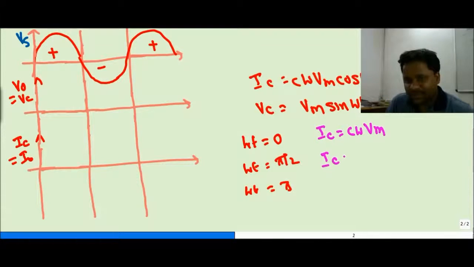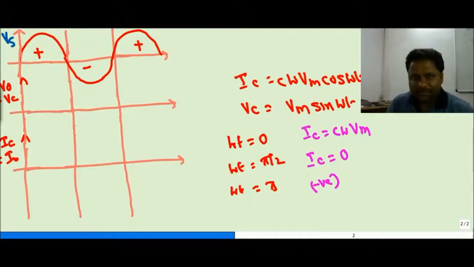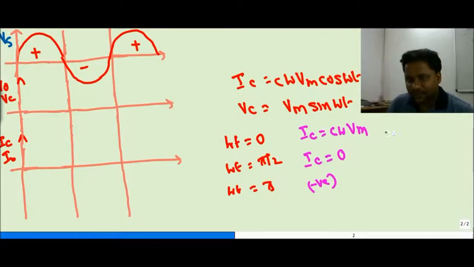At pi by 2, IC becomes 0, and at omega t equals to pi, we can generate the negative value. And similarly, if we try to make the expression for the VC, at omega t equals to 0, the VC becomes 0. At omega t equals to pi by 2, the VC becomes maximum Vm, and at omega t equals to pi, this becomes 0.